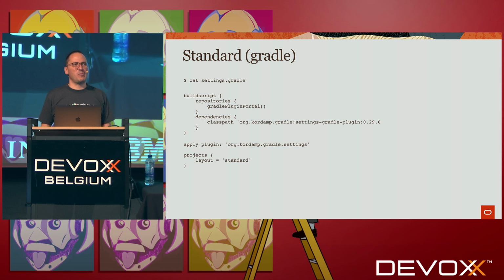Or you can apply another plugin called the settings plugin, which is aware of this particular convention. Not only that, it's aware if you want to use Groovy or Kotlin DSL, so it understands the different extensions, if you want to use the naming convention or if you want to forego it. So just give it a layout standard and it knows exactly what to do.